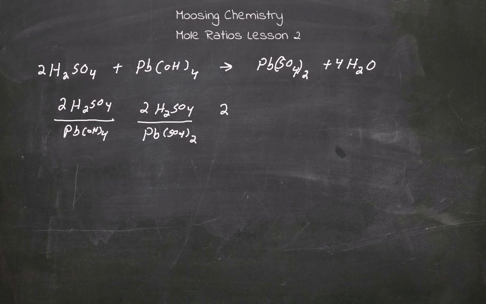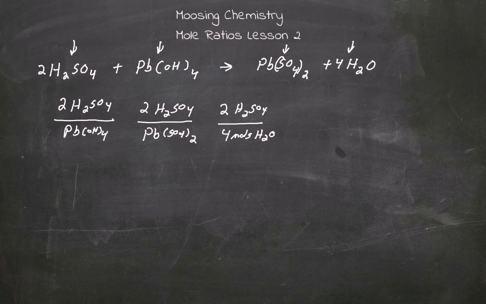There are 2 moles of H2SO4 to 4 moles, and I'm just going to start writing moles, H2O. Alright, now you think you're done, but no, that takes care of this one. Each one of these has its own ratio.